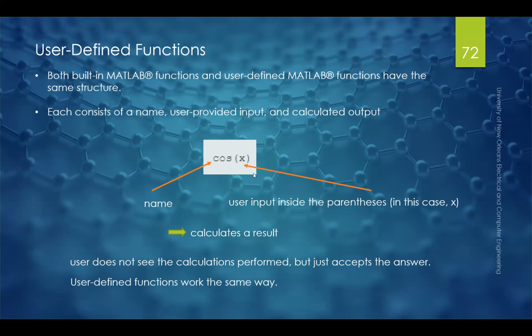In this case, you provide something that is going to be put into this variable x, and then MATLAB, or the function as it is defined, will calculate a result, right, and output that result. So you as a user don't see the calculations that are being done behind that cosine function, but you take the answer. And user-defined functions work the same way. Whatever happens in the function is going to be transparent to whoever is using it, right? The concept is the same.